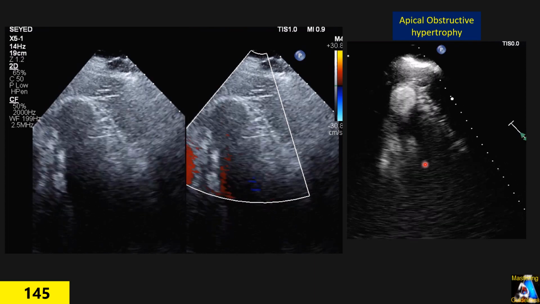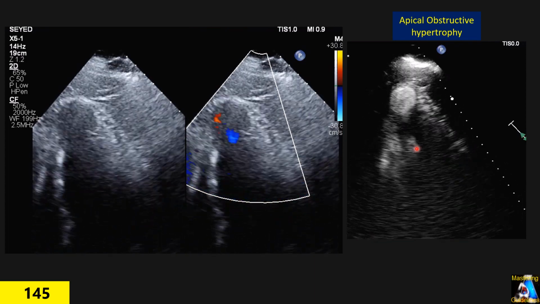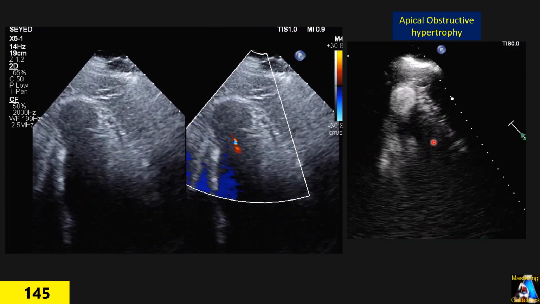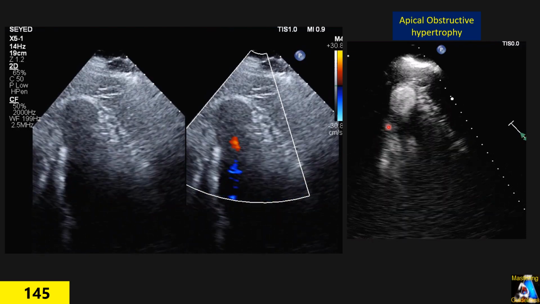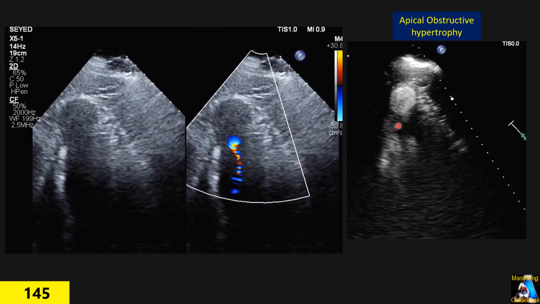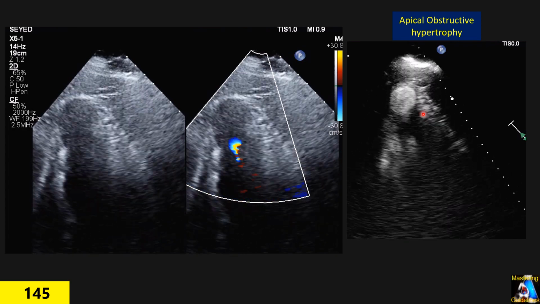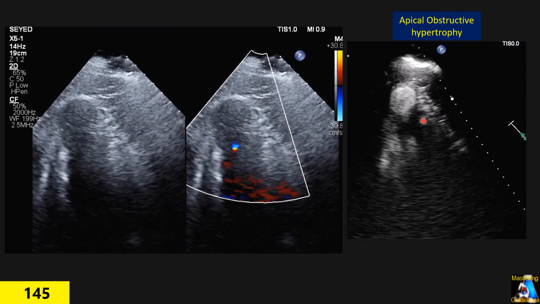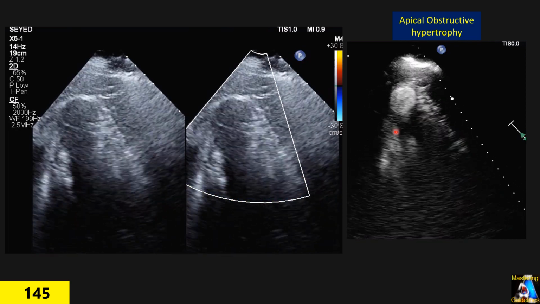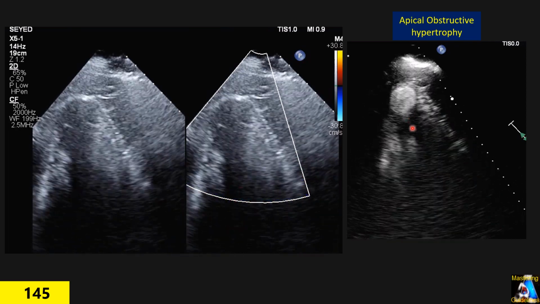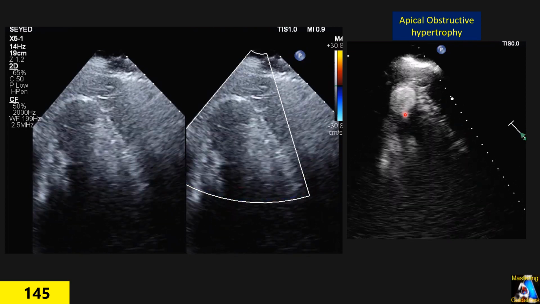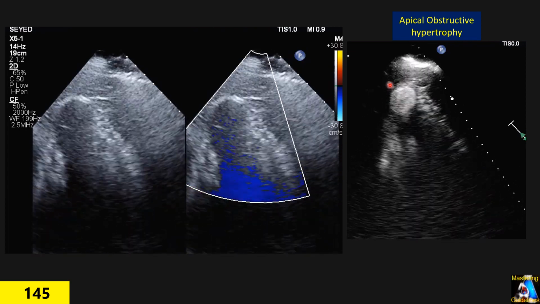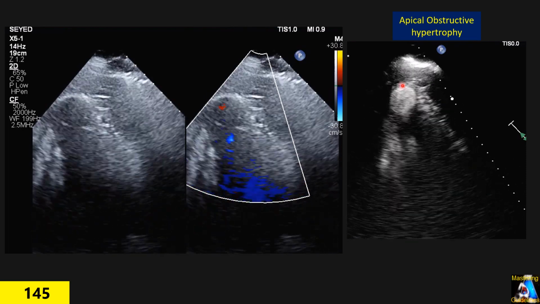If you look at the contrast study in the same view, you can see a hypertrophic band between the mid and apical levels. That is very obvious and clear, and this hypertrophic band can cause high pressure at this level, so you can see an aneurysmal shape of the apex.